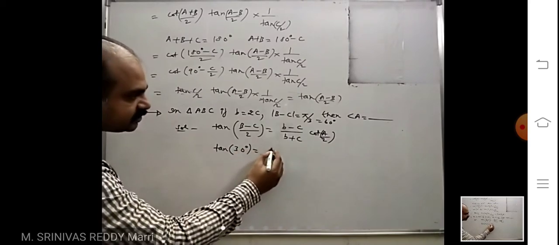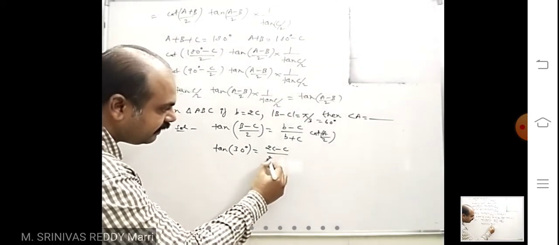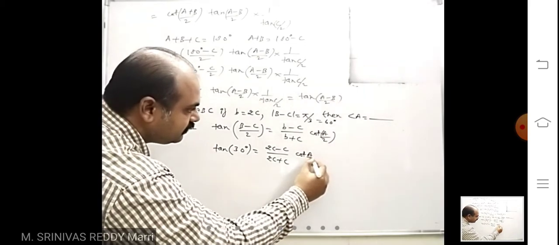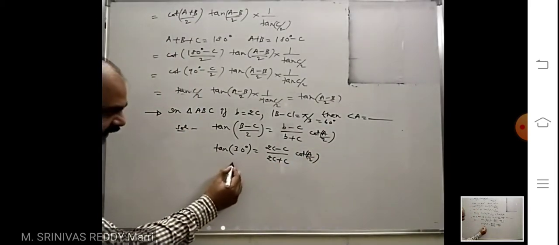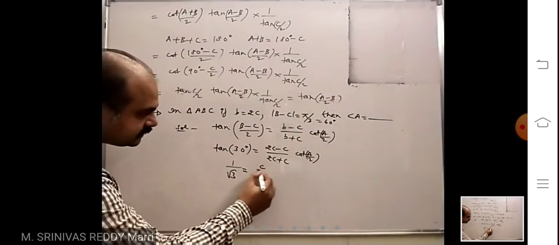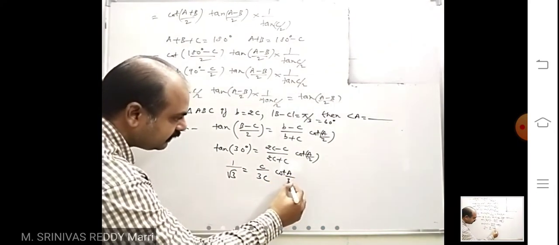Tan 30 degree equals (2C minus C) divided by (2C plus C) into cot A by 2. This is nothing but 1 by root 3 equal to C divided by 3C into cot A by 2.